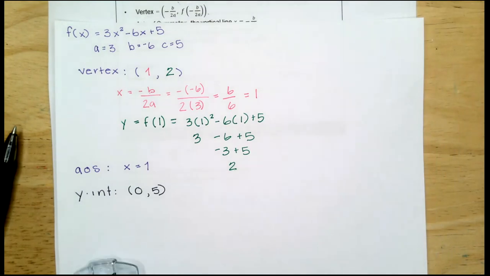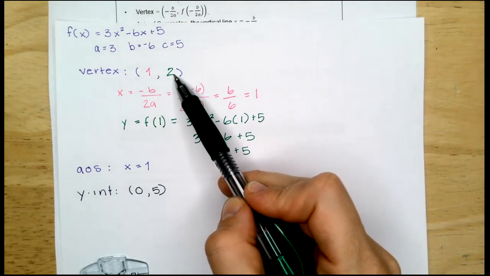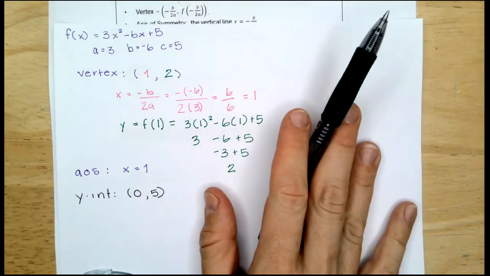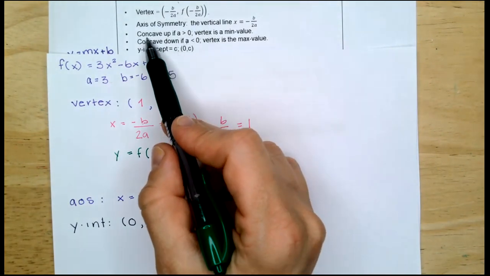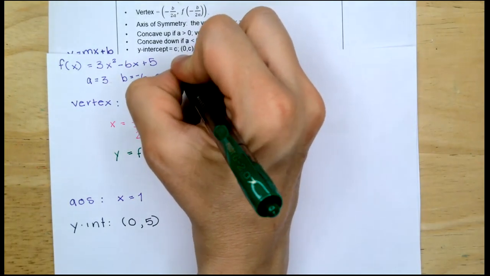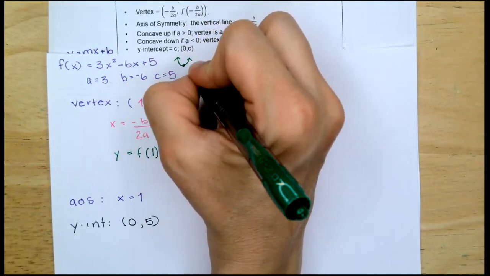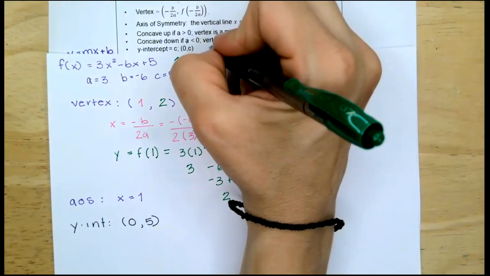All right, so think about what you're going to graph. You're going to graph something that begins at the point 1, comma 2. It's a positive 3. A positive 3 means that A is greater than 0, so it's concave up. It's concave up, its vertex is 1, comma 2, and its y-intercept is 0, comma 5.